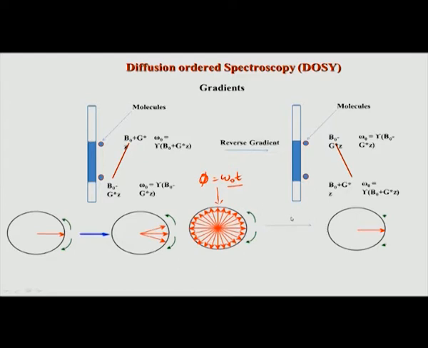So, what is basically the take home from this? The take home is that we create a spatially varying magnetic field, and because of that each spin in the different parts of the sample now acquires a different phase because they now have different frequencies.